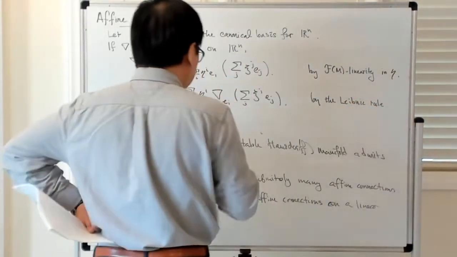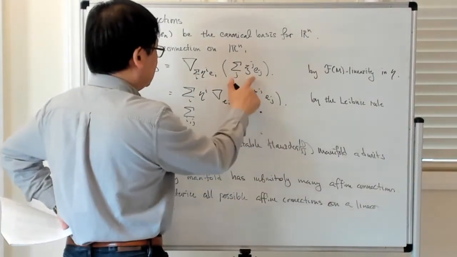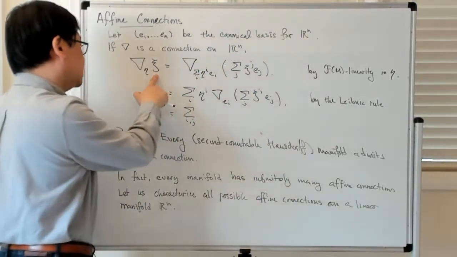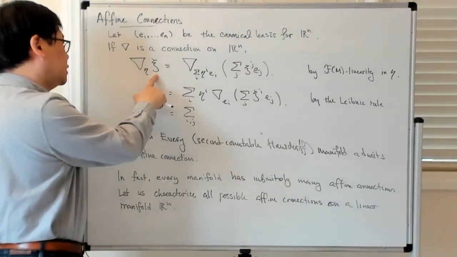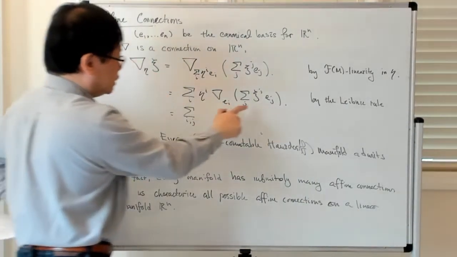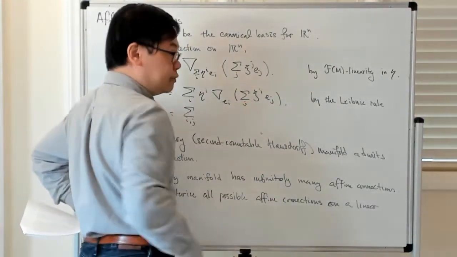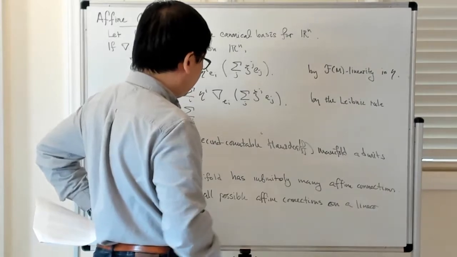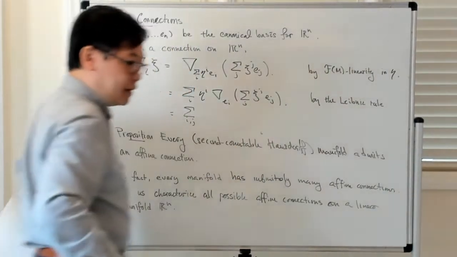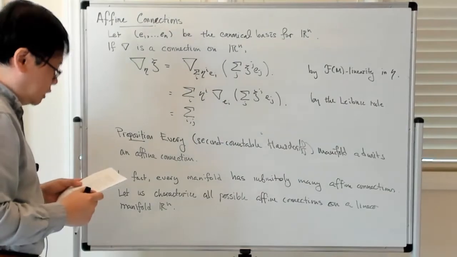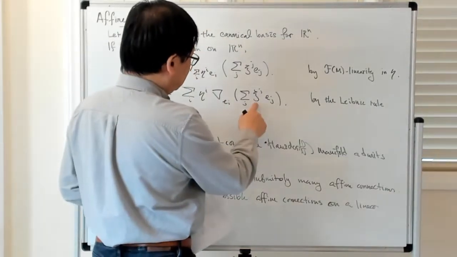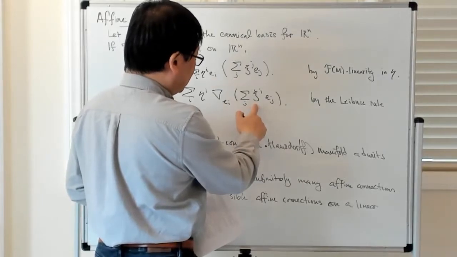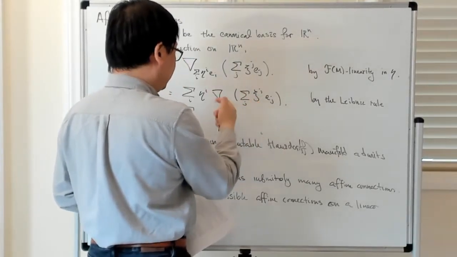Okay, and the reason why I have to use the Leibniz rule is because C is a vector field. These coefficients, C^j, vary as a function of position. So these are functions, if you will, multiplied into these vectors. And so you can't use R-multilinearity to pull this out, the sum.